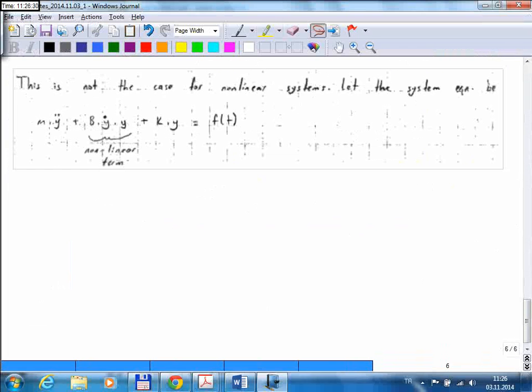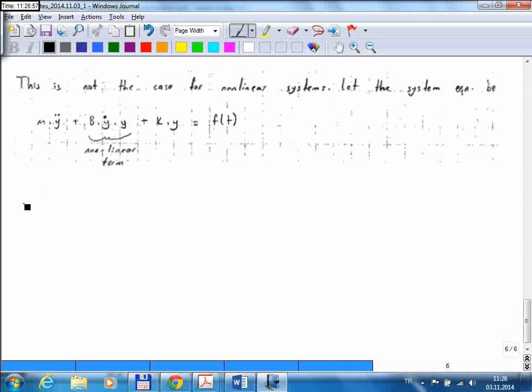Let's go back to our simple spring-damper system and suppose that system is modified to be a nonlinear system. So we have y and y dot multiplied together, which is, as I said before, something that makes the system nonlinear. Now let's take the Laplace transform of that entire thing.